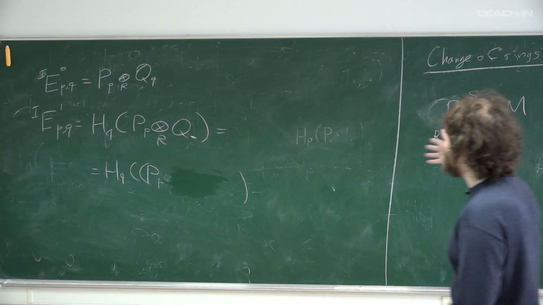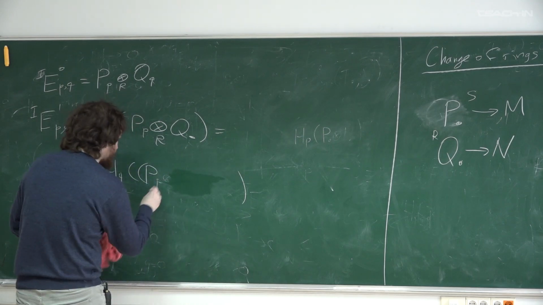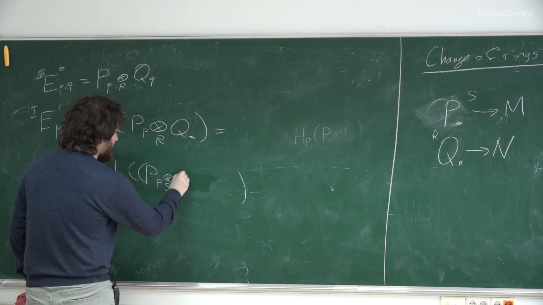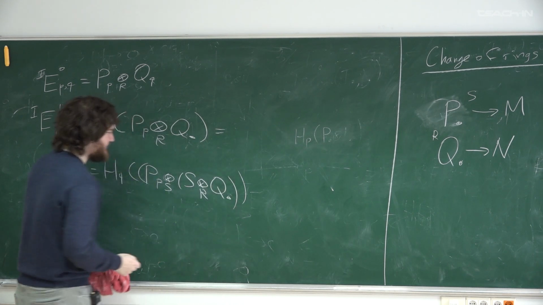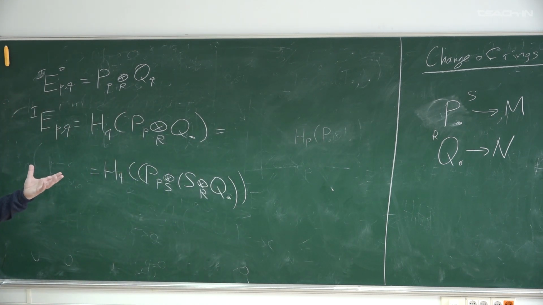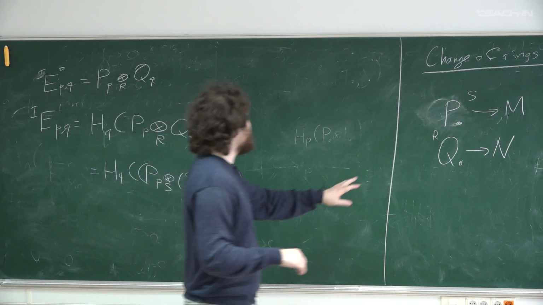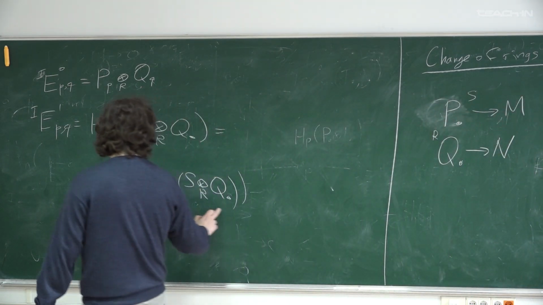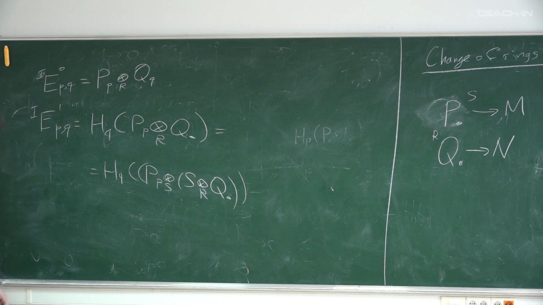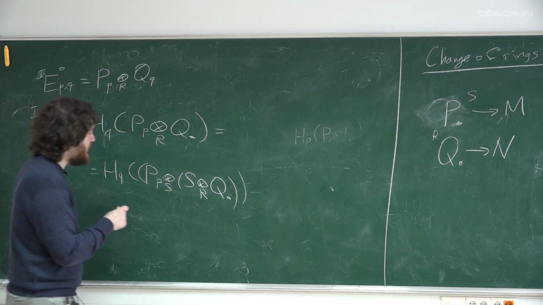P is an S module. This makes sense because Q is just an R module and P is itself an S module. The previous did not make sense. My Q is an R module and P is an S module. Okay, so I have this thing.